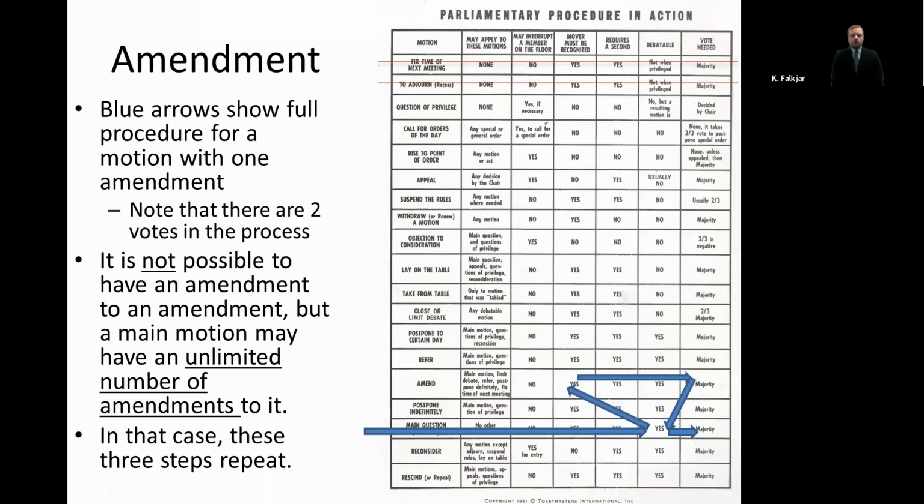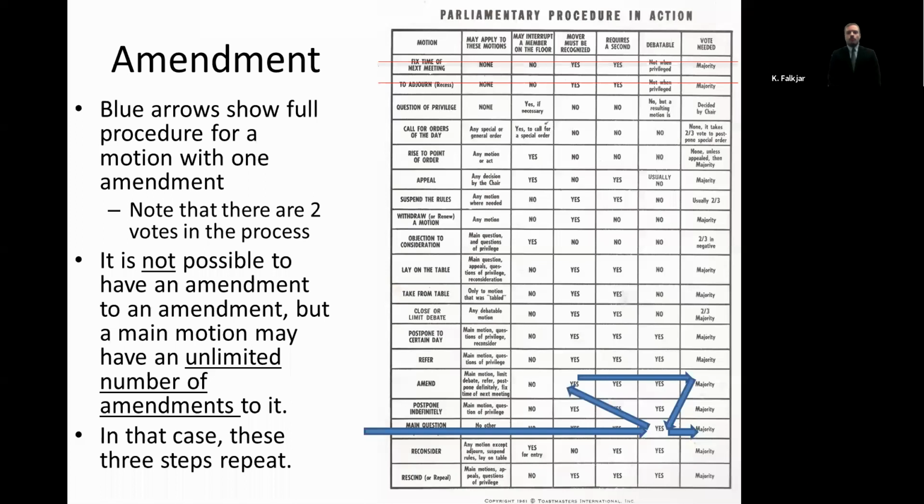Here is how the process works in the case of an amendment. The chair calls for items of business. A member raises a motion upon being recognized. A seconder is received. Then we go to the debate of the motion.